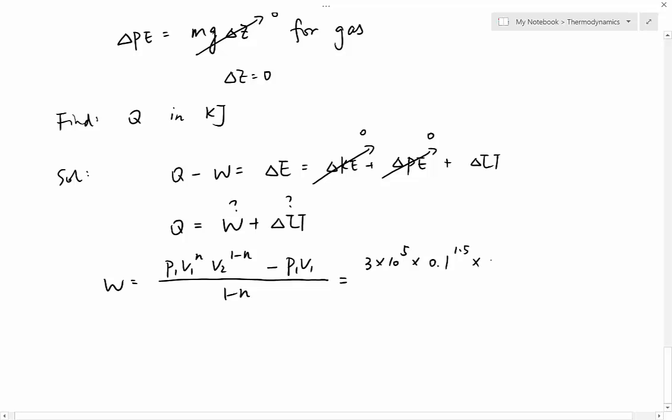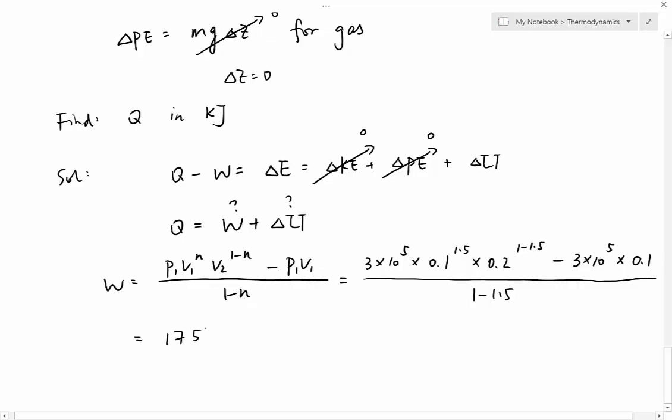Multiplied by V2, the final volume, 0.2 cubic meter, to the power of 1 minus 1.5. Minus P1, again make sure you convert bar to Pascal by multiplying by 10 to the fifth, multiplied by the initial volume, 0.1 cubic meter, SI unit already, and divided by 1 minus 1.5. Our solution is 17,573.59 joules, and then we can convert it to kilojoules, which is 17.6 kilojoules.